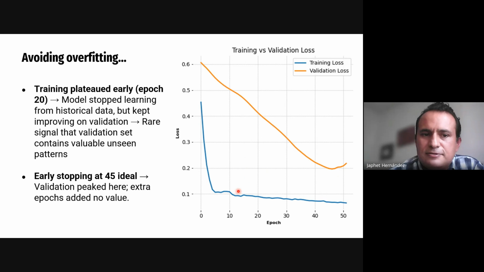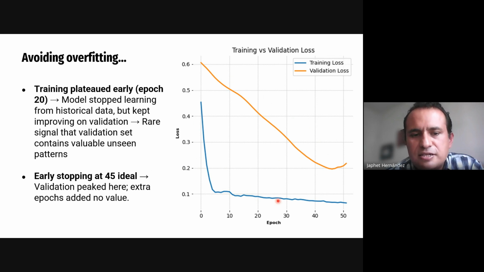That means that the validation set has patterns that are not present right here. So it's kind of interesting. All the patterns in the training data were learned in this section, and it is taking longer for the validation loss to do the same.